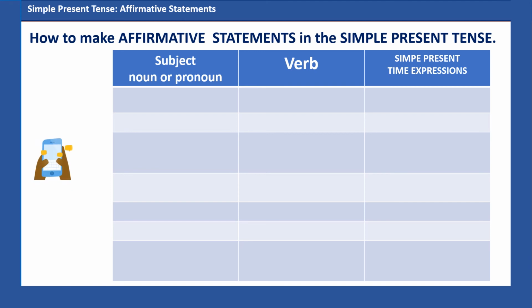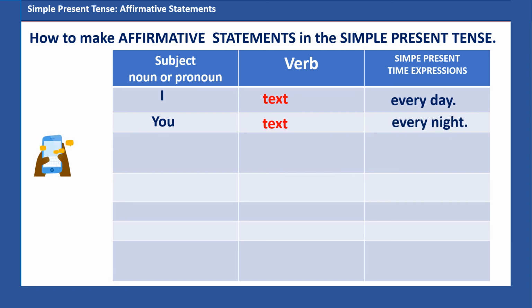So let's use the verb. Do you remember what the verb is for this action? That's right, it's text. I text every day. You text every night. He, which is a pronoun, or John, which is the noun, texts in the morning.